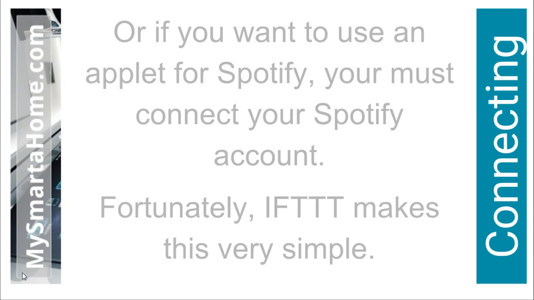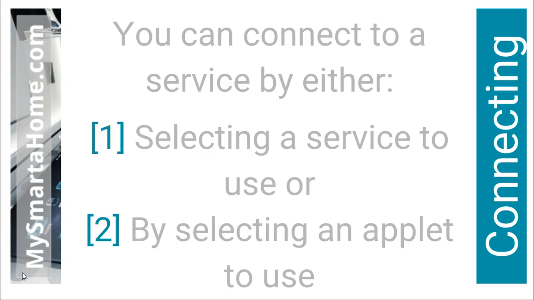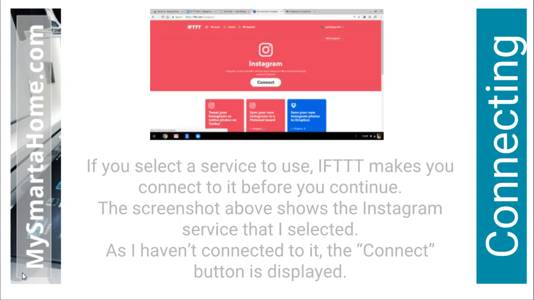Fortunately, if this then that makes these connections very simple. You can connect to a service by either selecting a service to use or secondly by selecting an app to use. If you select a service to use, IFTTT makes you connect to it before you continue. The screenshot above shows the Instagram service that I selected.